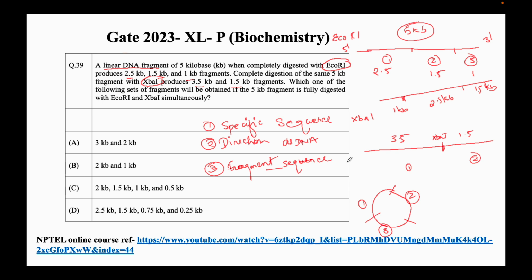Similarly, the same goes for the XBA1 enzyme. Okay, so there are only 2 fragments, so there are 2 possible combinations of fragments that could be obtained in response to XBA1. And in EcoR1 there are three different fragments, so we can have three different possible combinations with each other, right?